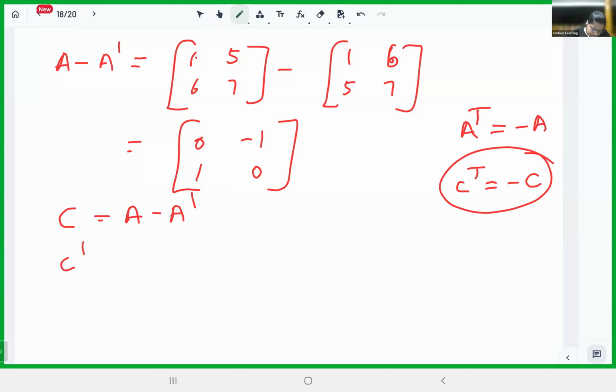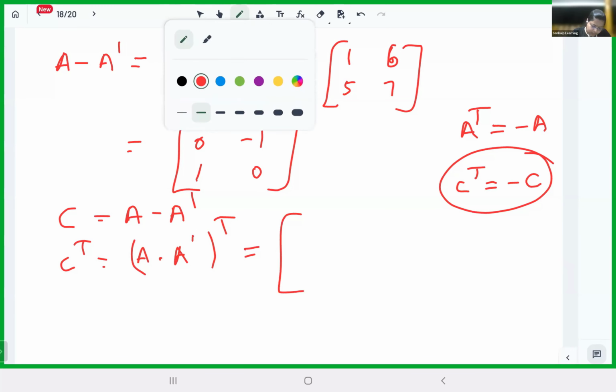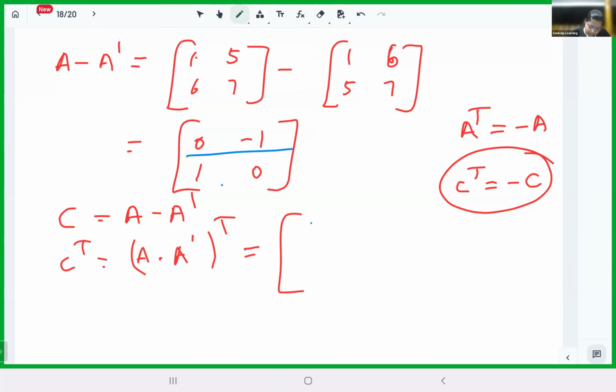So what is the transpose of this matrix? A minus A transpose, the whole transpose. That is equal to, you have to take the transpose of this particular matrix. Rearrange the row as column. So this will become 0, 1, minus 1, 0. From this I am going to take a minus outside. So this will become 0, minus 1, 1, 0.